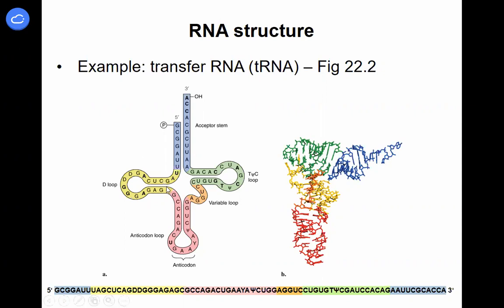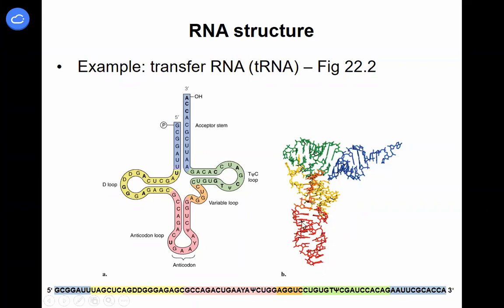But because the double helices are not continuous, you can get some unusual structures forming. In this case, it forms sort of an L-type structure, which looks like a hair dryer or a power drill or something of that nature. And the anticodon loop is down here.